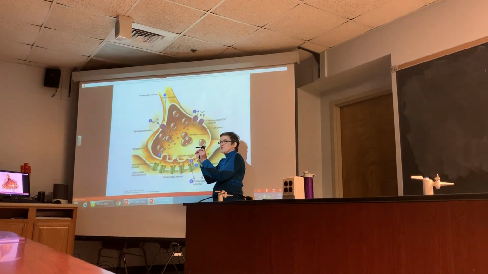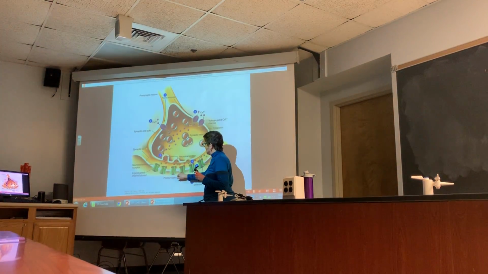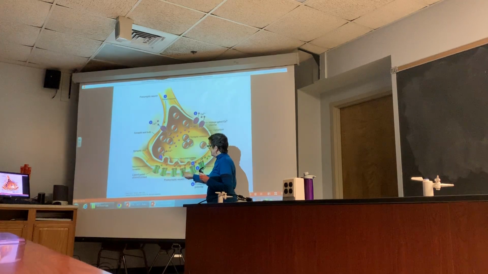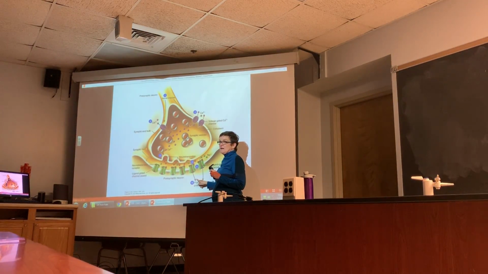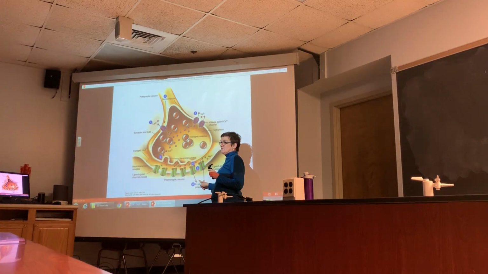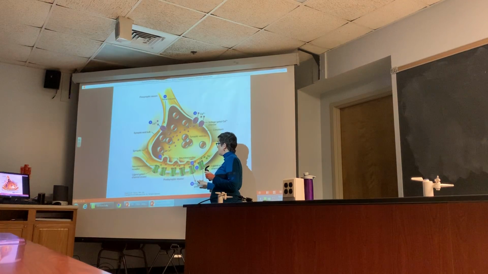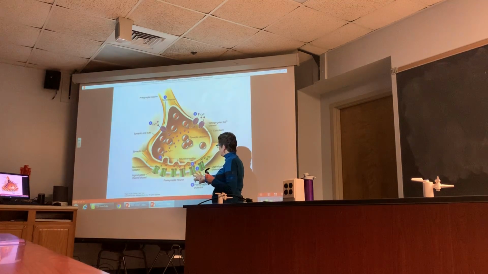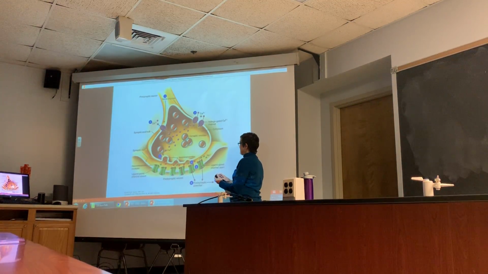Once you have those two acetylcholines attaching to that ligand-gated channel, that receptor site, then the gate opens and in flows some kind of ion. It could be a calcium ion, it could be a sodium ion, it could be chloride ions. But that flow of ions is going to create a graded potential in this cell. And we'll talk more about what happens to that graded potential in just a second.